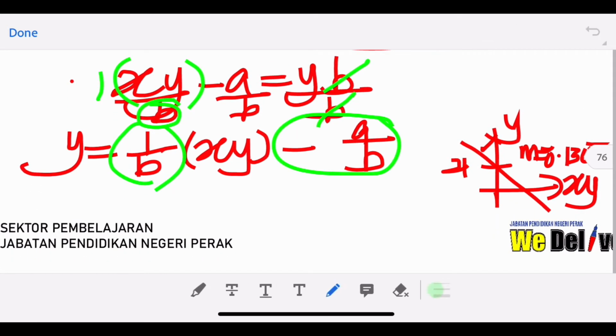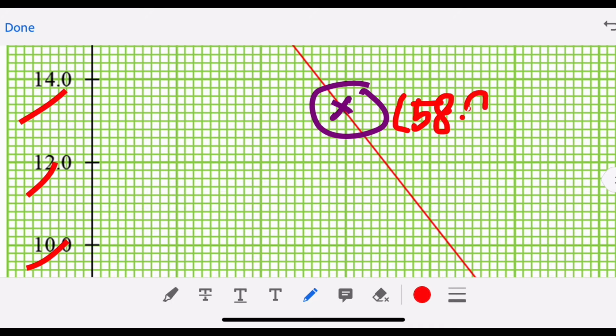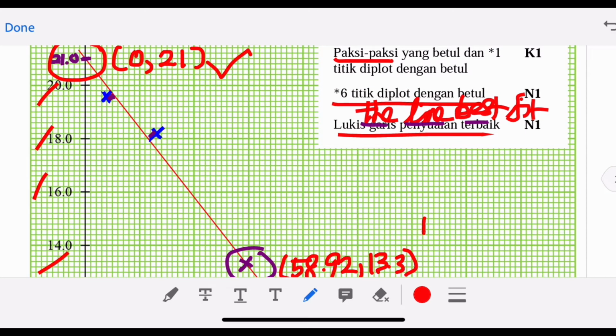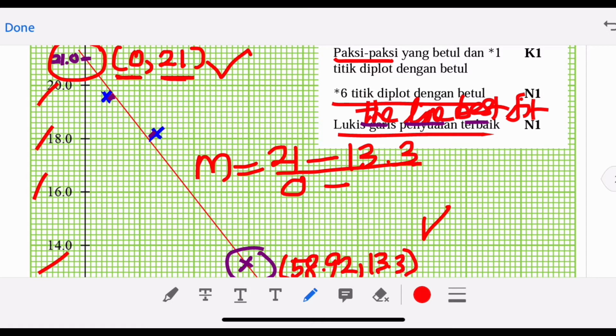Okay, still remember just now from the graph, our gradient here is 0.92 and then 13.3. So you need to find the gradient by using these 2 points, this one and this one. So m is 21 minus 13.3, always use y2 minus y1 over x2, you start from y2, you must start from x2, 58.92. So make sure the answer is 4 significant figures.